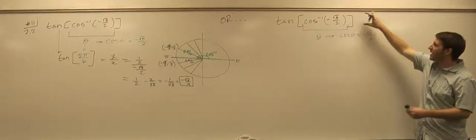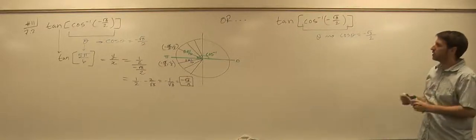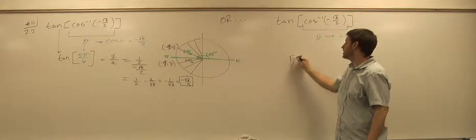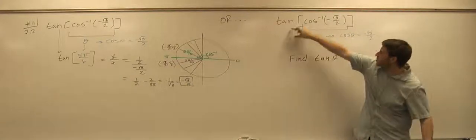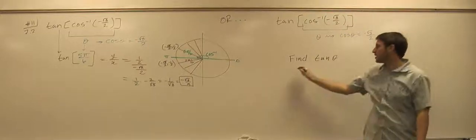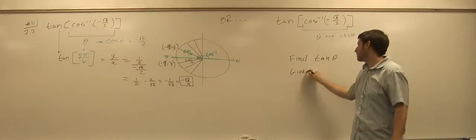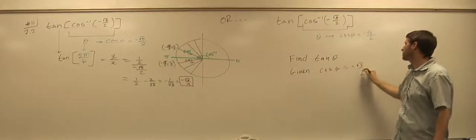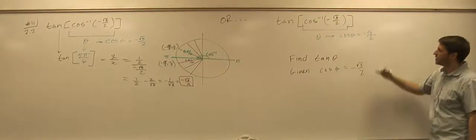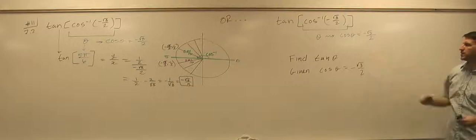So what this problem is asking is to find tangent of theta, to find tangent of this angle, given cos theta equals negative root 3 over 2. And to solve this problem, you can draw a triangle.